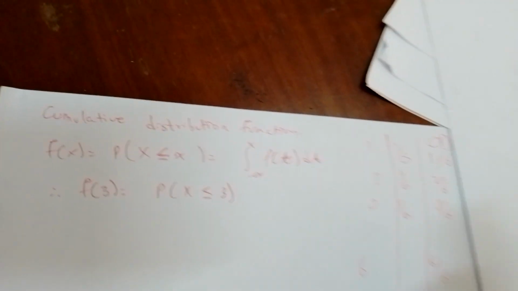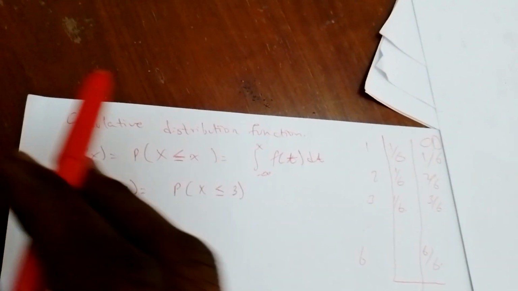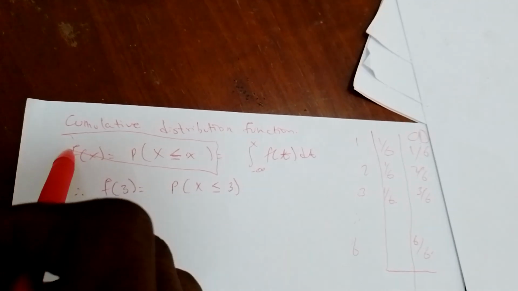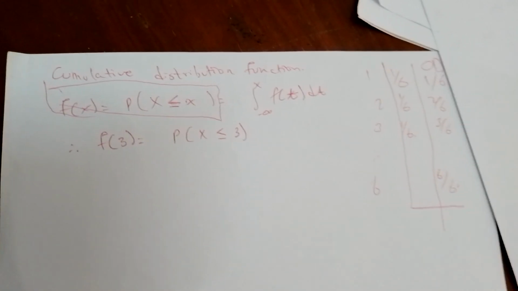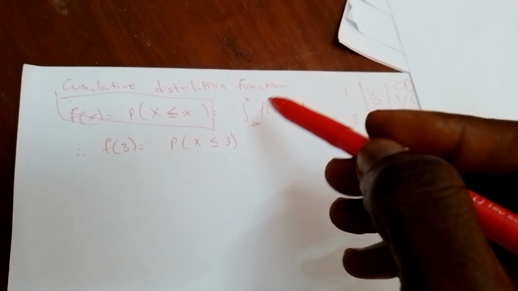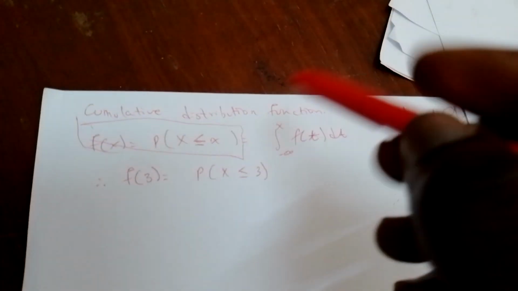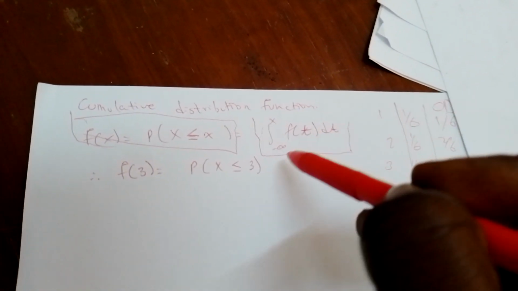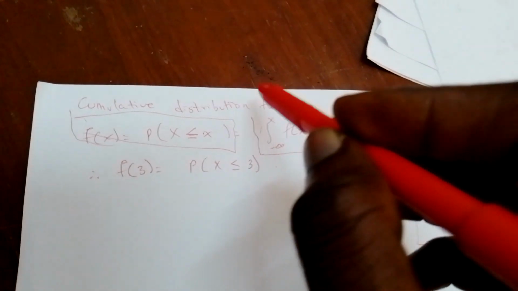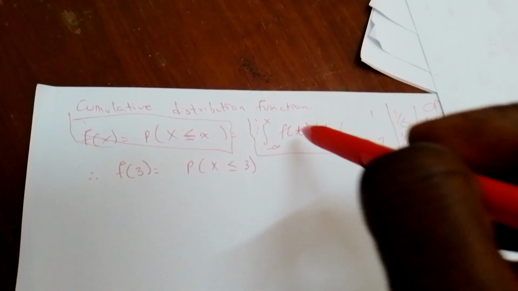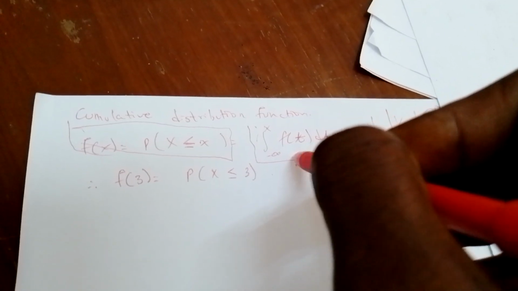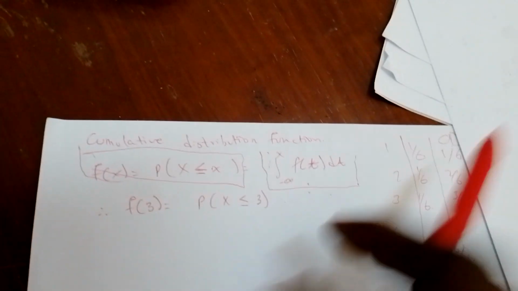Okay. So just like we did in discrete variables you define a cumulative distribution function like this, right? But then when you're working with continuous distributions like what we are doing now, you have to define it in terms of this, right? So you define it as negative infinity to x, that particular value you are dealing with, the integral of the function dt, right?